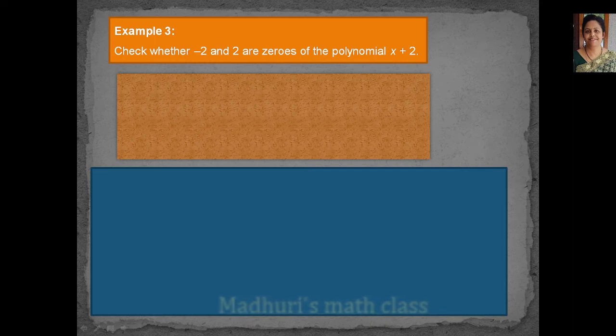Now check whether negative 2 and 2 are zeros of the polynomial x plus 2. We can check. So here p(x) is x plus 2. We will find what is p(negative 2) and what is p(2). Now what is p(2)? In the place of x, we will write 2. 2 plus 2 is 4, not equal to 0.